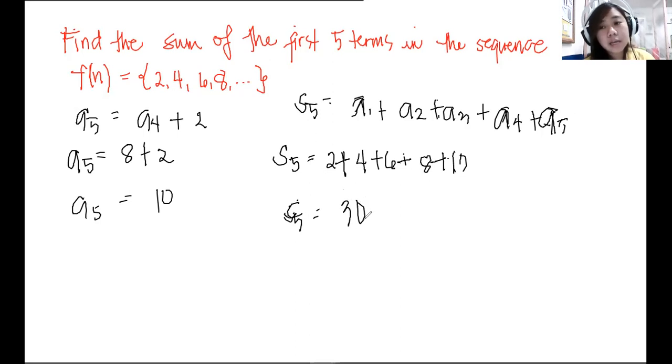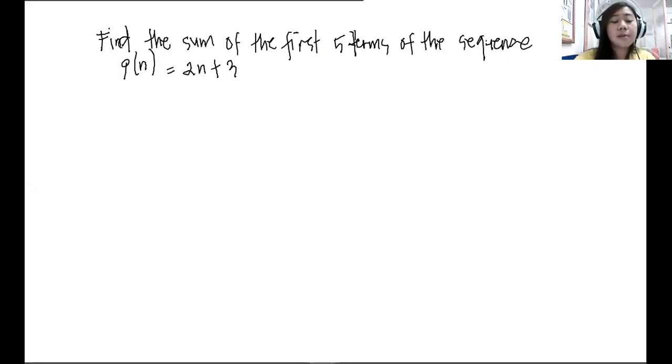Okay, somehow when we say series, we are looking for the sum of the sequence. So let's proceed to our next example. Okay, last example that we have is to find the sum of the first 5 terms of the sequence P of n is equal to 2n plus 3.